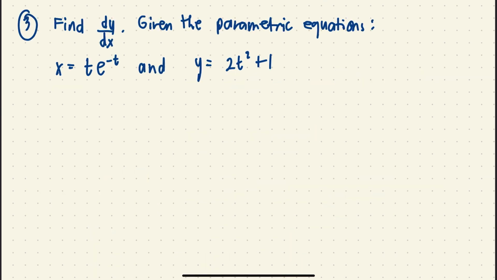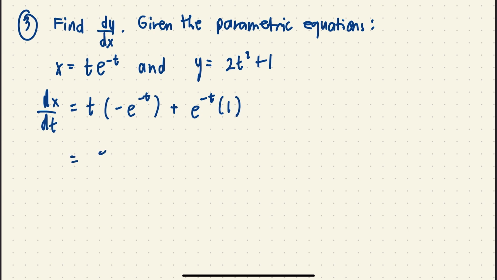Let's now continue on to the third example and get the derivative based on the parametric equations given. Let's start with x. So that will be t times e raised to negative t. We'll use the product rule: t times negative e raised to negative t, plus e raised to negative t times 1.